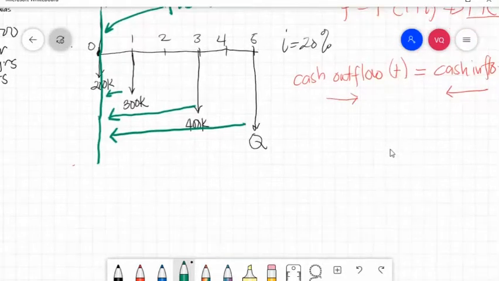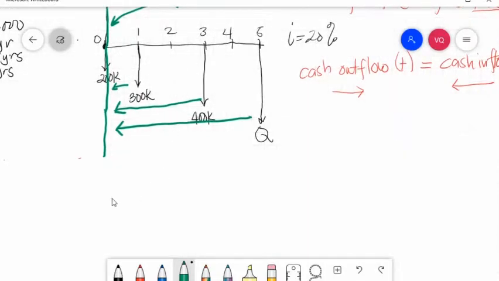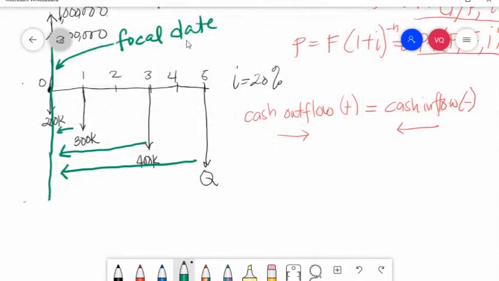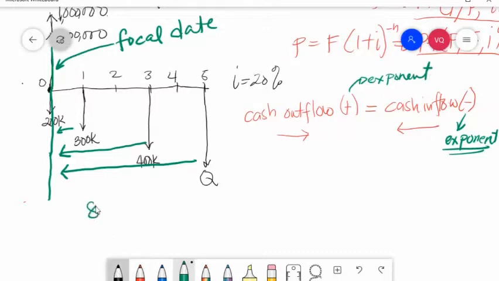So, formulating the equation, cash inflow from right to left, so we will have a negative exponent. So that is the sign of your exponent. So, we will equate 800,000 to what?